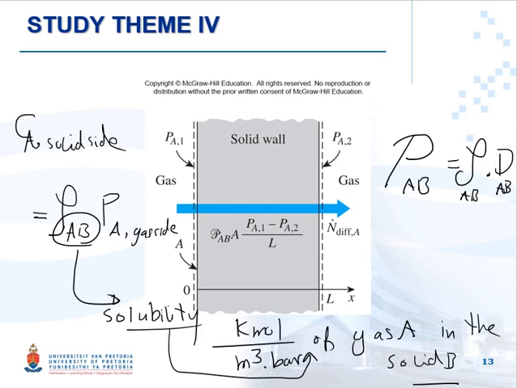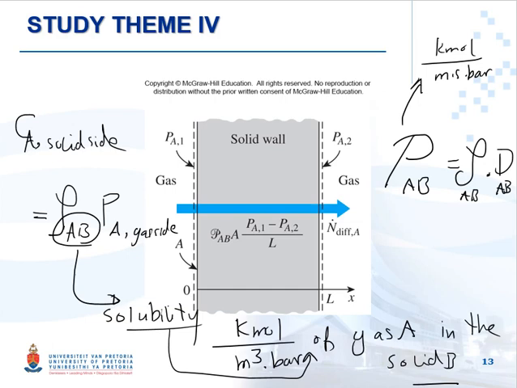Solubility multiplied by diffusion coefficient is called permeability, and the unit of permeability is kilomole per meter second bar. Okay, we talked about it, but I'm mentioning it one more time to review it.